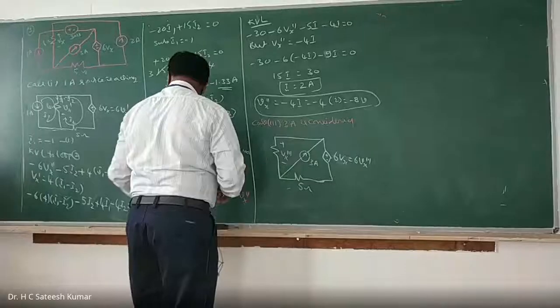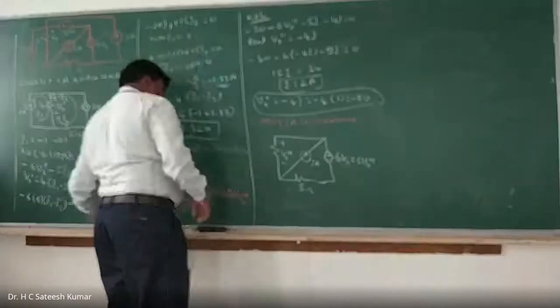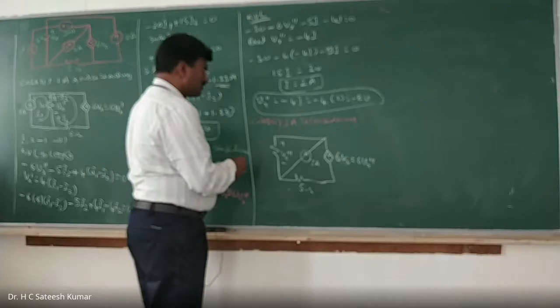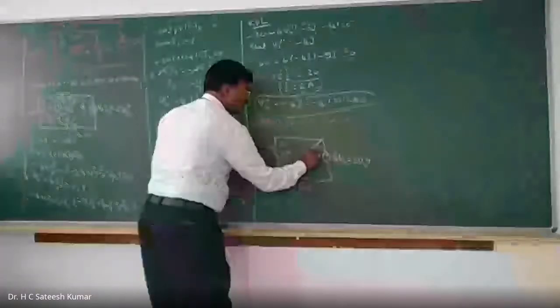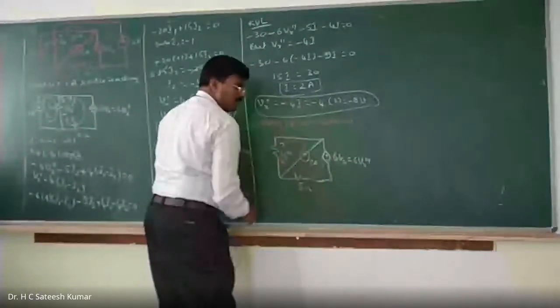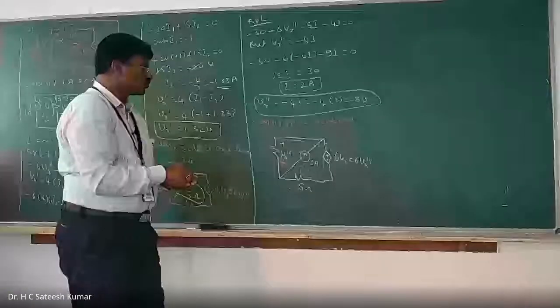Now what should I do? Even though we are taking this much, apply KVL. This is I1 and this is I2. The current flowing through this one is I1 minus I2. The current source is common between these two meshes, so we have a super mesh.